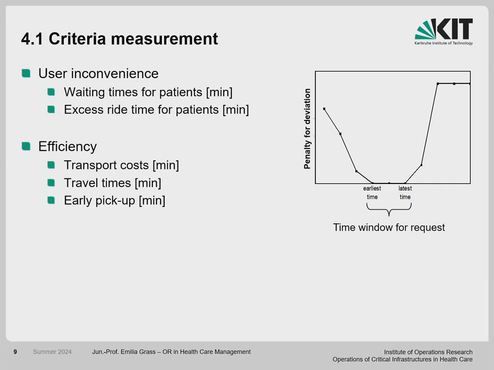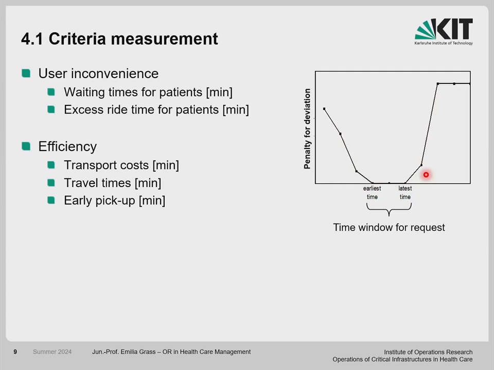So you have a sharper increase here and here than in the case of being too early. So you have this asymmetric penalty function, which, as I said, is difficult to model in an optimization formulation.